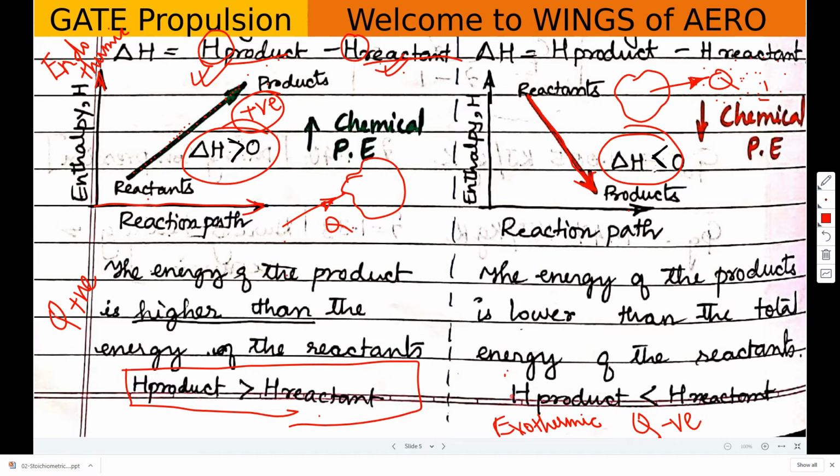Here the product will have less as compared with the reactant, because you can see the reactant at the top and gradually the product. But in endothermic reactions, the reactant will have less and the product will have more. So just remember the basic definitions of that.